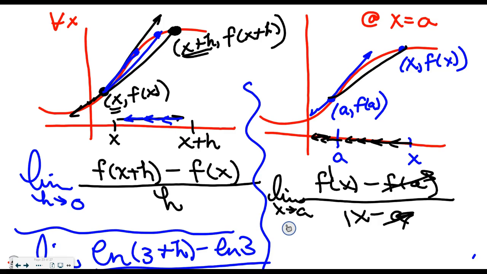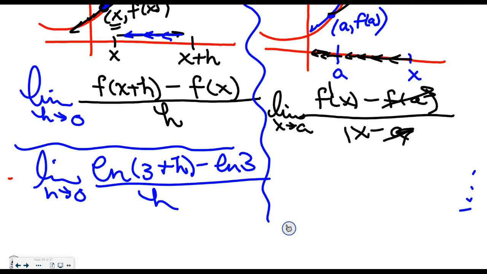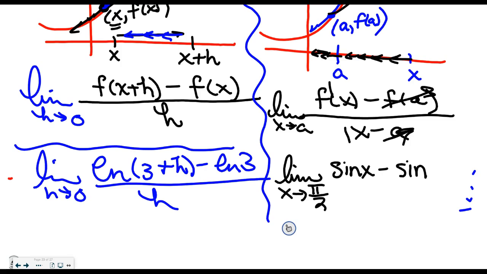But I have seen this occur. So just so you know, actually let me write one of those. So if it says limit as x approaches, let's say pi over 2 of sine of x minus sine of pi over 2 over x minus pi over 2.